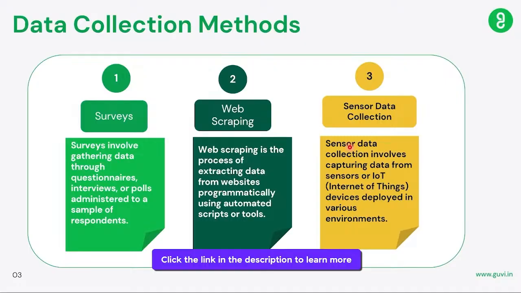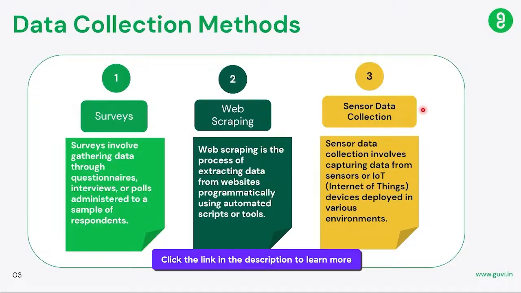Considerations when using web scraping include adhering to websites' terms of service and legal regulations. These are very important. Some websites will have a lot of legal regulations. Also, handling dynamic content and website structures, and ensuring data quality and integrity by verifying the scraped data. These are some considerations I should be cautious about when doing web scraping.